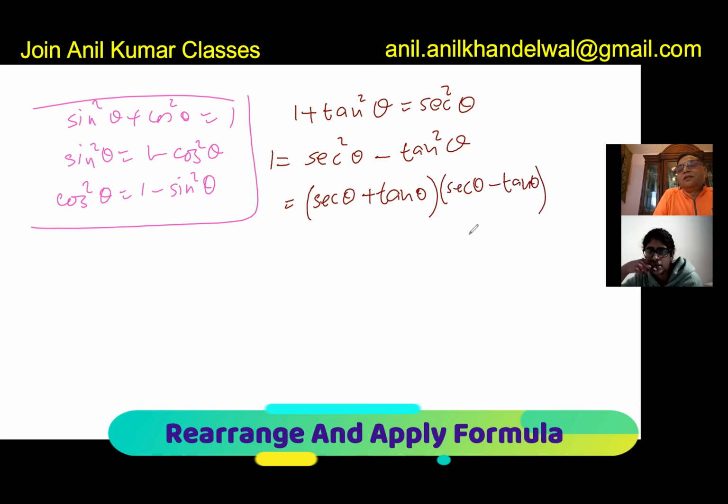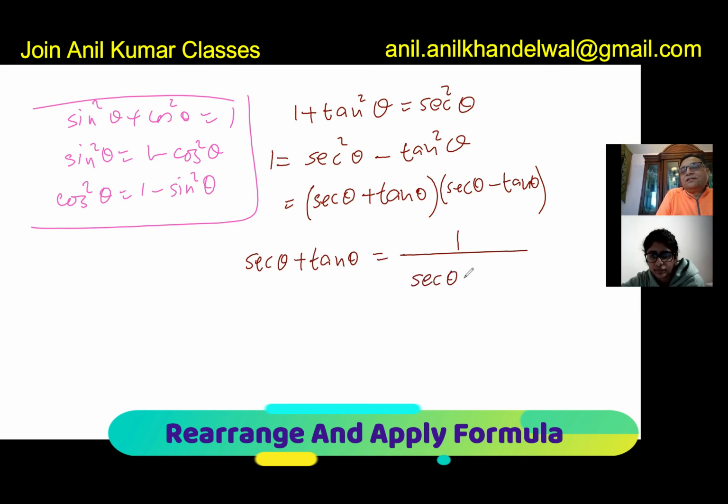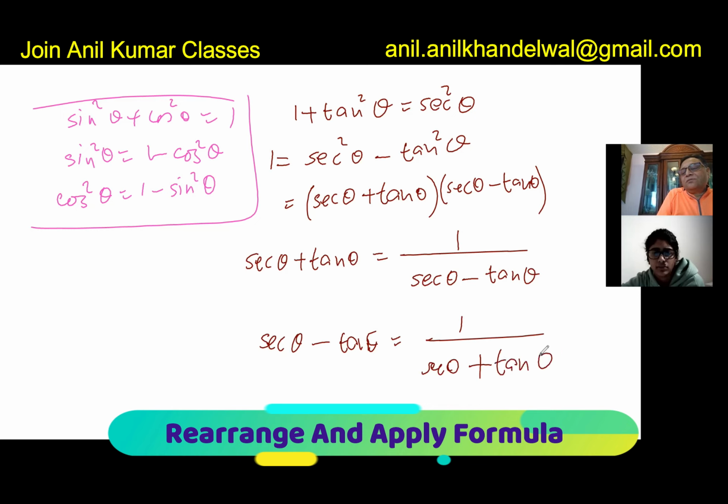So from here, I can also write that secant theta plus tan theta is equal to 1 over secant theta minus tan theta. Similarly, secant theta minus tan theta equals 1 over secant theta plus tan theta, correct? You get the idea?